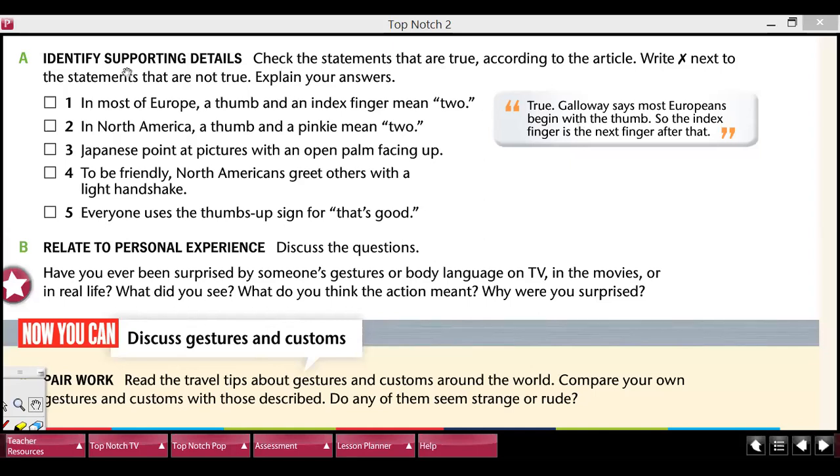And it says identify supporting details. Check the statements that are true according to the article. Put a check mark and write an X next to the statements that are not true, the false ones, and explain your answers. And we're gonna do it.